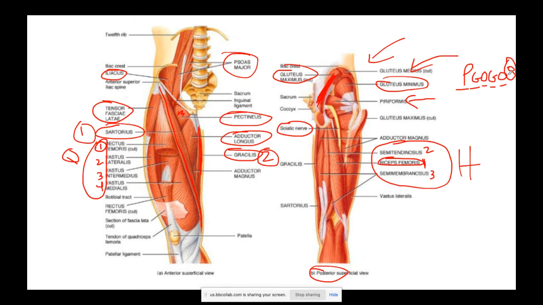So please go quietly. P is for piriformis. Many people get piriformis syndrome, which is a cause of sciatica. And then you have 2 gemellus muscles, gemellus superior and gemellus inferior. You have an obturator internus and an obturator externus.